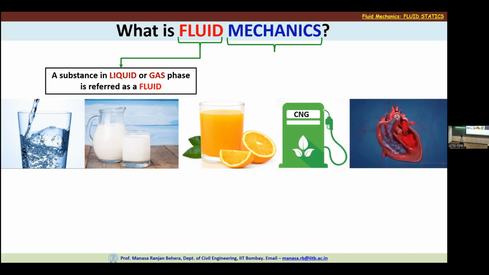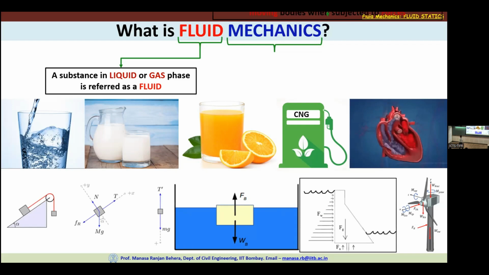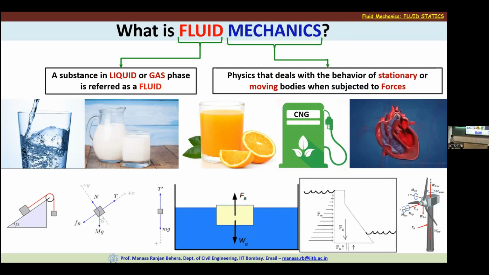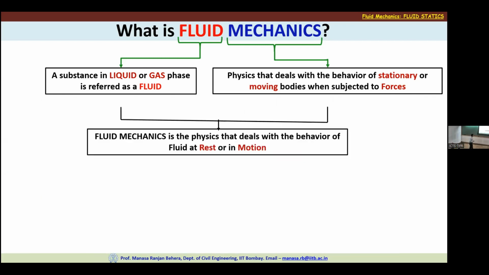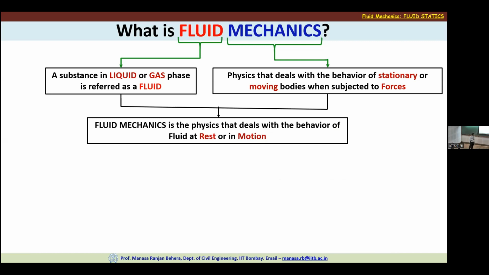Now let us come to mechanics. It is simple. When you apply some force, what happens? You try to understand the behavior of stationary or moving bodies that are subjected to forces. And when it is applied to fluids, you call it fluid mechanics. Very simple. Now, fluid mechanics we study at rest or in motion.